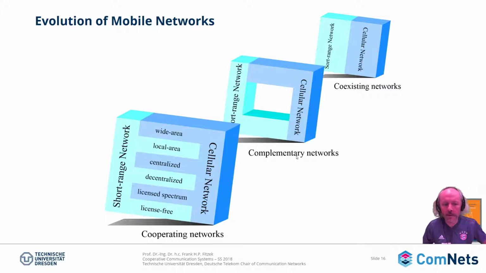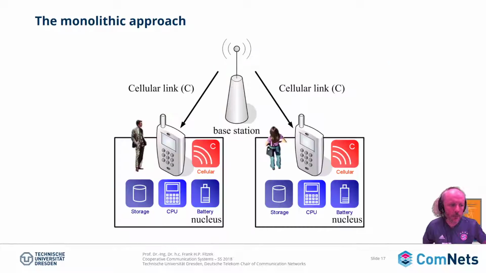We call this complementary networks. And later on, you can combine them even more to form cooperative networks when you have a combination of license-free and licensed spectrum, centralized, decentralized, wide area and local area networks, and combine them in a better way. And this kind of evolution is something we would like to discuss right now.